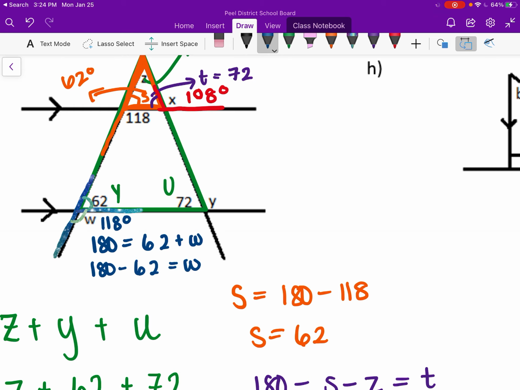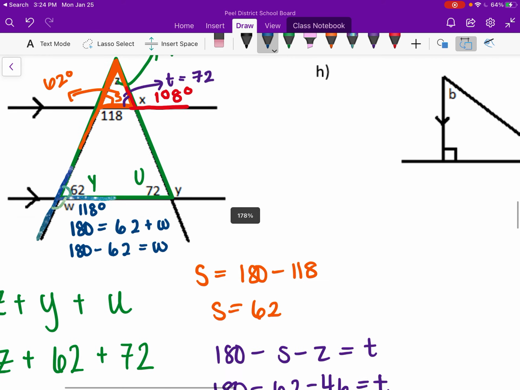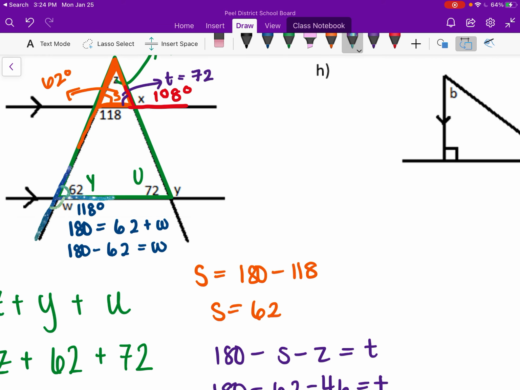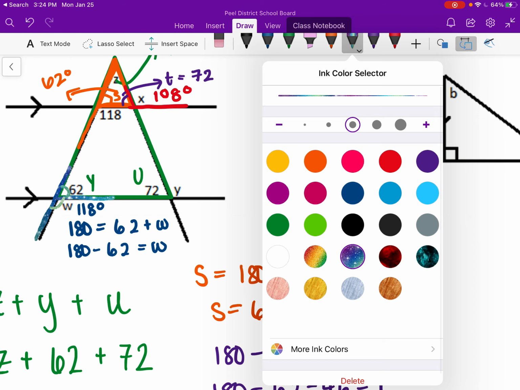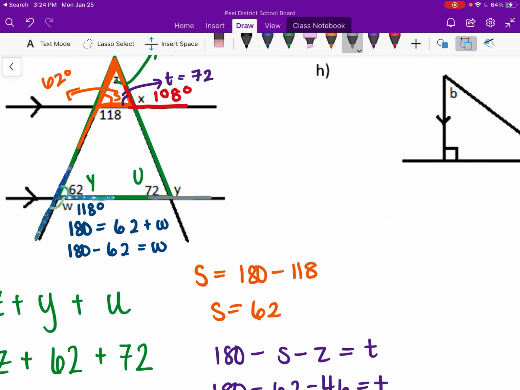Right, you can also look at this as, it's okay, it's just too confusing if you use it. There's also a Z pattern here, but I won't teach that to you right now. Okay, then we have Y, which is right here. And if you look at it the same way as we looked at that pattern over there, it's also 180.